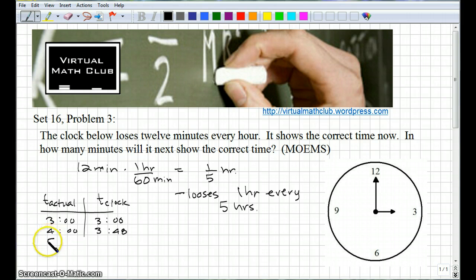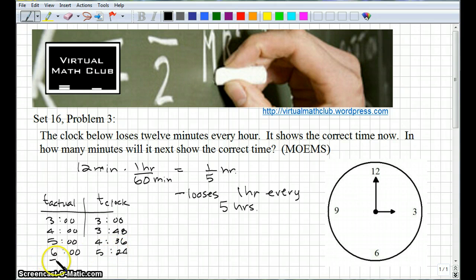And at 5 o'clock, what's the clock going to say? It's going to lose another 12 minutes, so it'll say 4:36. Alright. And at 6 o'clock, it loses another 12 minutes, so it's going to say 5:24.